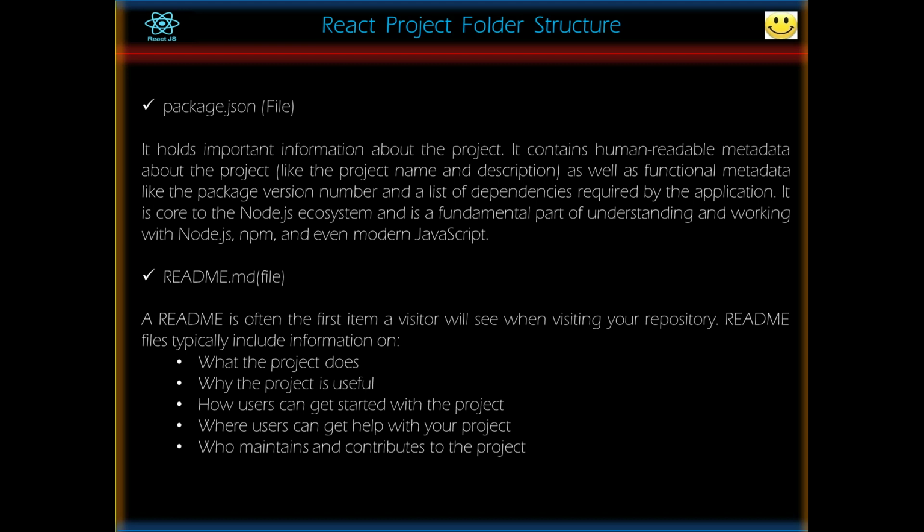README.md file. It is often the first item a visitor will see when visiting your source code repository. README files typically include the following information: what the project does, why the project is useful, how users can get started with the project, where users can get help with your project, and who maintains and contributes to the project.